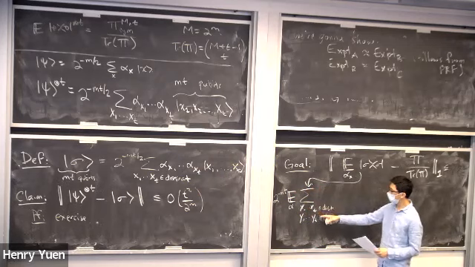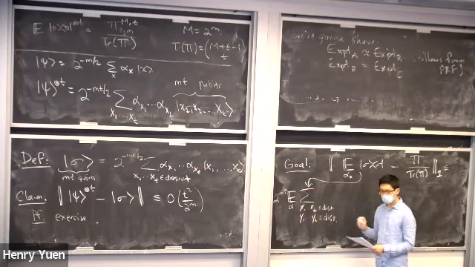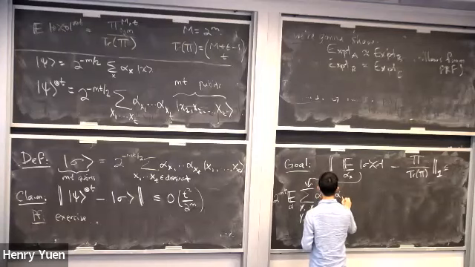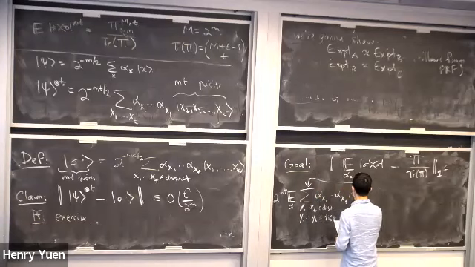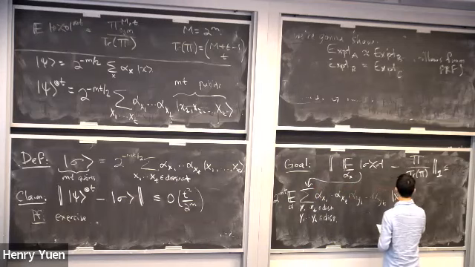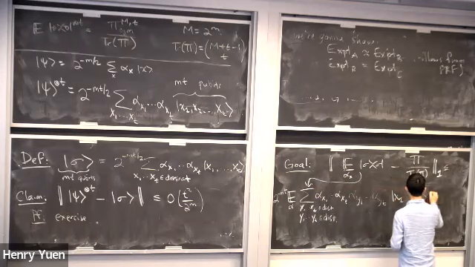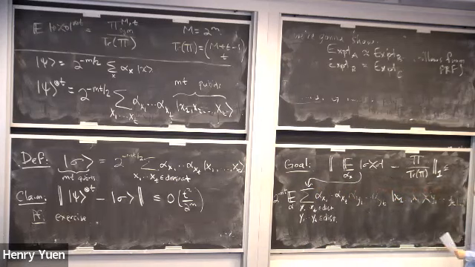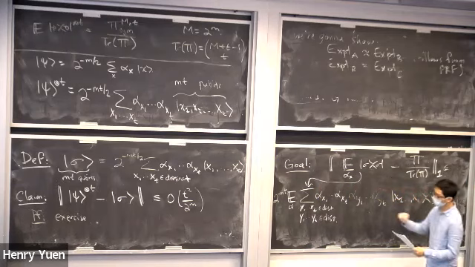And again, we're going to keep that the x's are all distinct, the y's are all distinct. We pick up all these alphas. So this is the density matrix. It's a lot of terms.